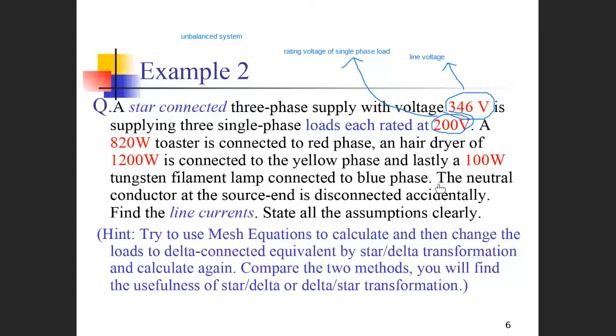That means originally it is a 3-phase 4-wire star-star connection, but due to the accident the neutral line is broken. Now the system becomes a 3-phase 3-wire star-star connection. Now, calculate the line currents. State all the assumptions clearly.